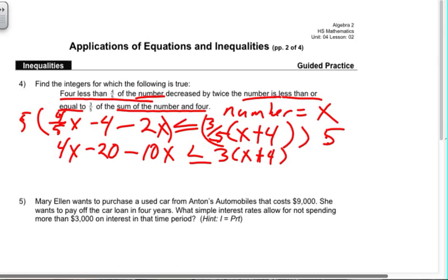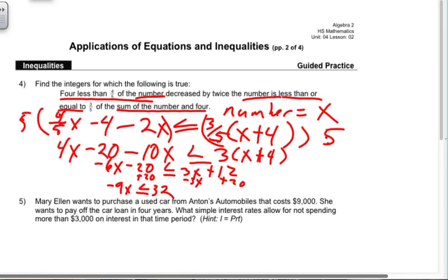4x minus 10x is going to give me negative 6x minus 20. It's going to be less than or equal to 3x plus 12. So I'm going to subtract 3x and add 20 to give me negative 9x less than or equal to 32.